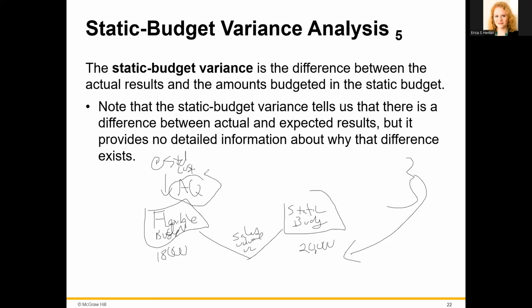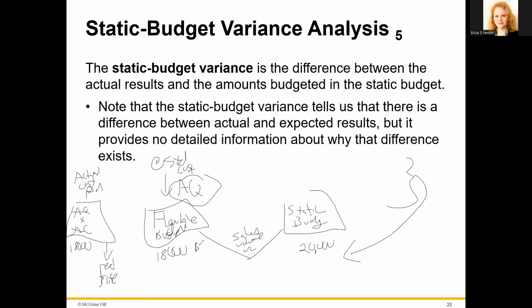And then over here, we've got actual costs paid. That's going to be at actual quantity and actual cost. So this would also be at 18,000 units, but the pricing and the total amounts that we have here are going to be our real life financials. So that's our real life one.